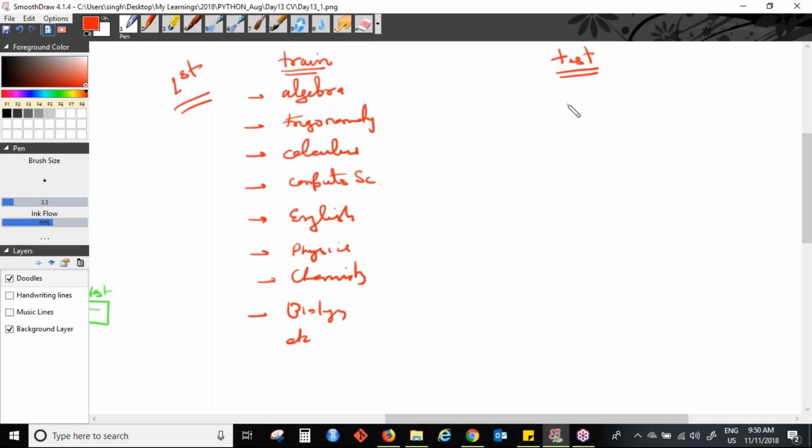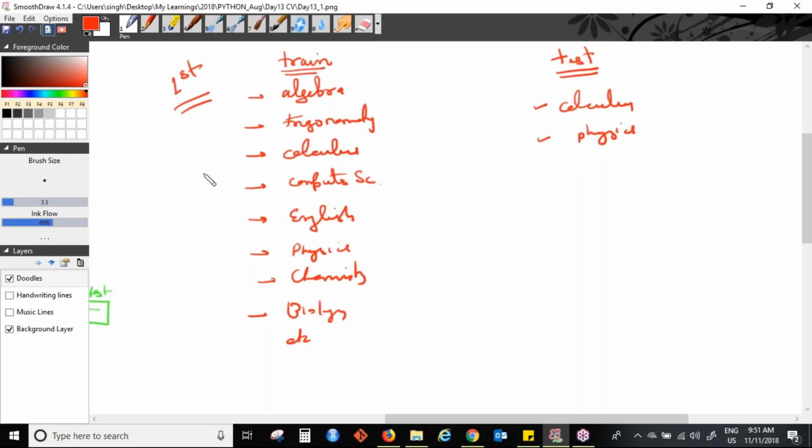So let's say I have calculus and physics, only these two topics. You will prepare on all of these, and then check what accuracy you are getting on calculus and physics.